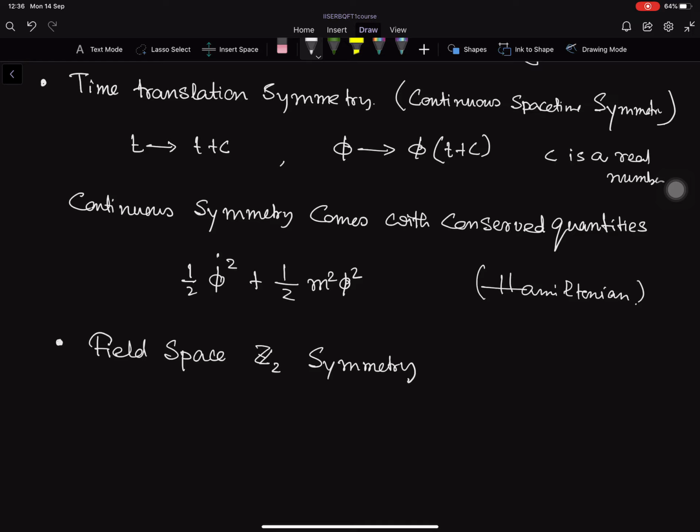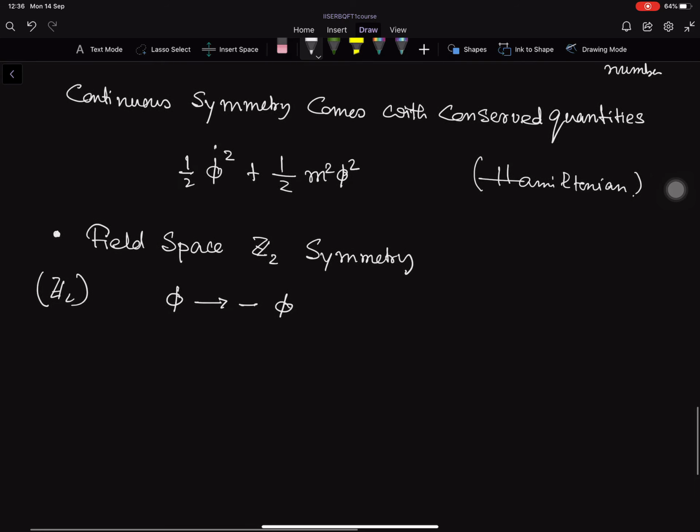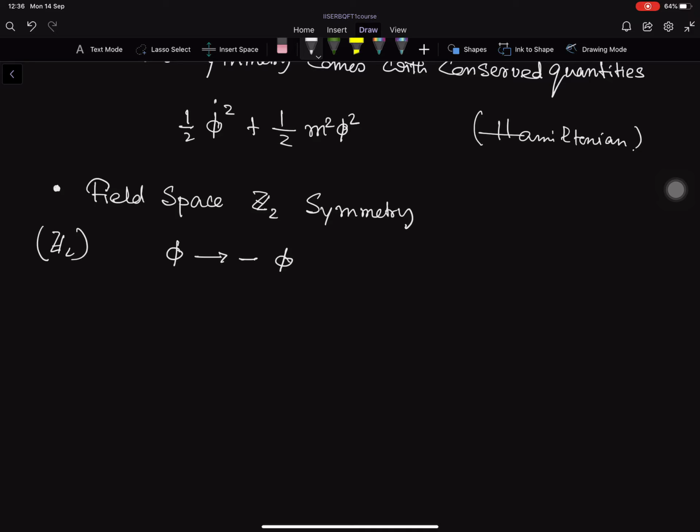It has nothing to do with space-time. Under this field space Z2 symmetry, the field just goes to minus of itself. So these are the three symmetries that our system has. When we go to the quantum system, we have to understand how these symmetries act on the Hilbert space and all these things.